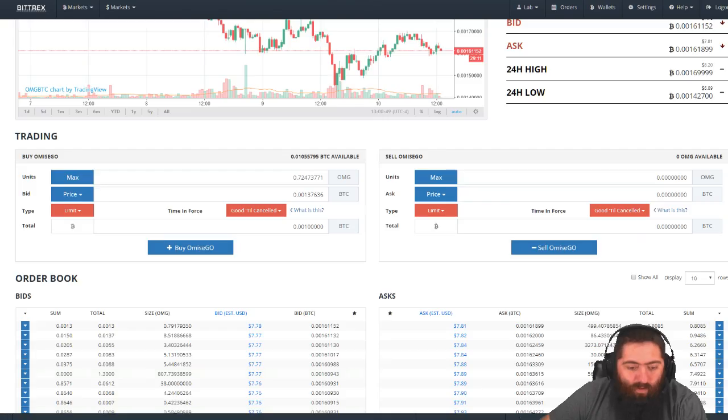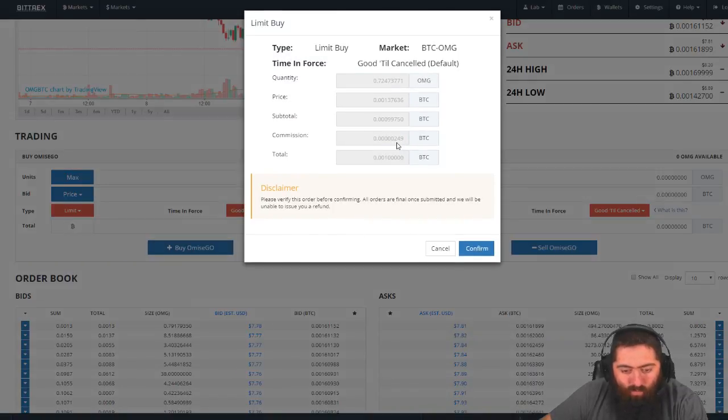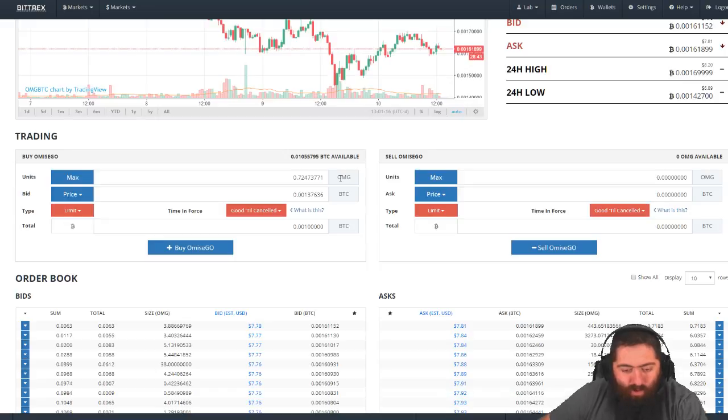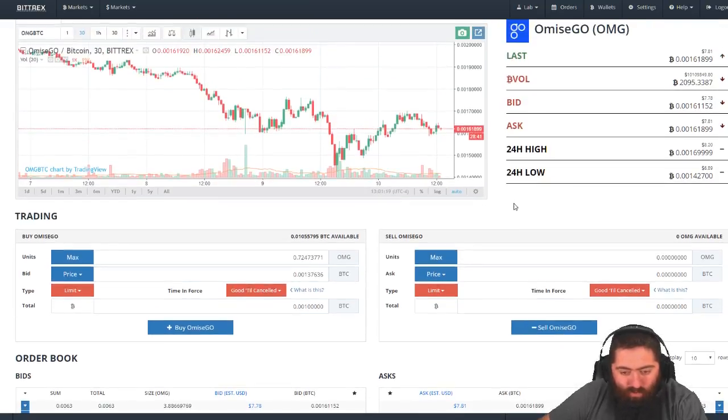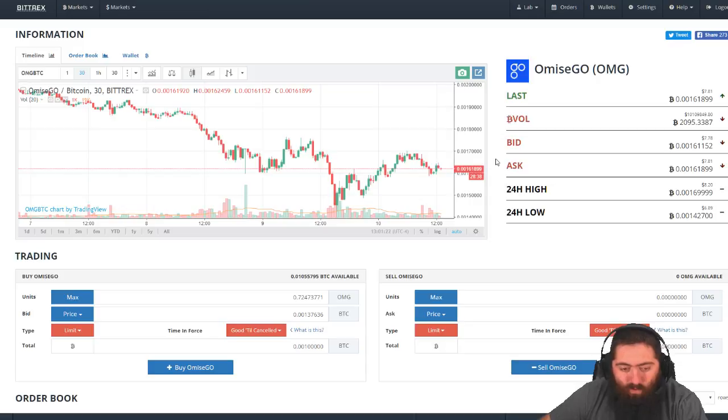So if we come back over here, we're going to purchase at our purchase price. We'll hit buy, and right there's the fee amount, commission. So it pulls it from the actual price and quantity to get you up to that total position. It's pretty rough estimate numbers, but it's close enough that you'll be fine.